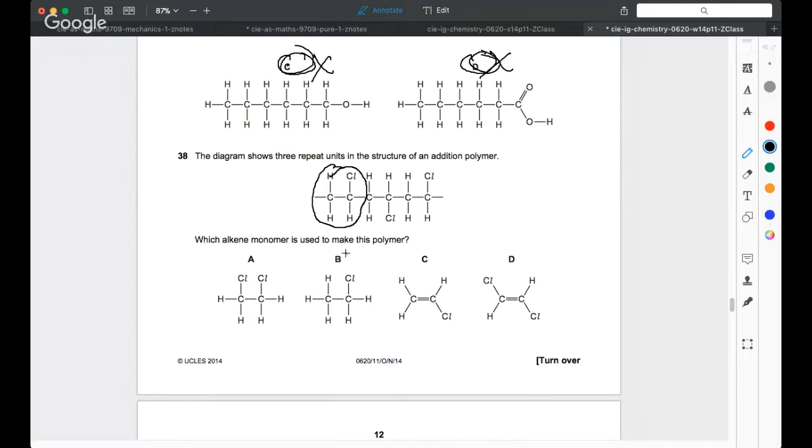So the right answer would be B or C. However, we know that for the polymerization of this polymer, we need to start from a monomer which contains a double bond. So C will be the right answer.